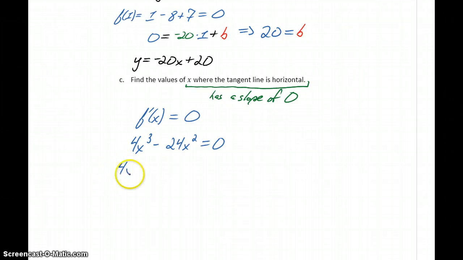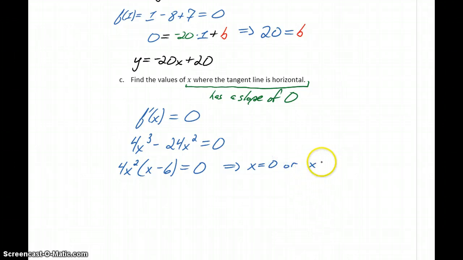Here we can factor out 4x squared, which leaves us with x minus 6 equals 0. So that will be true whenever x equals 0 or x equals 6. So at x equals 0 and x equals 6, our function has a horizontal tangent line, or no rate of change.